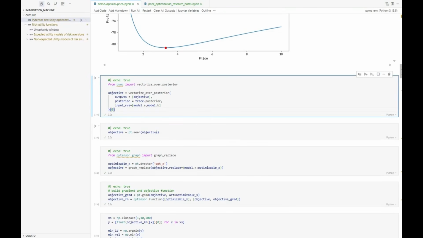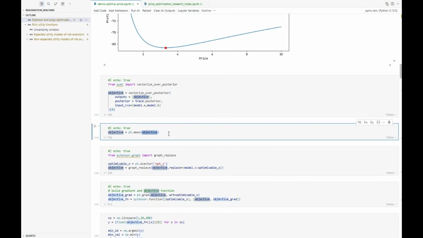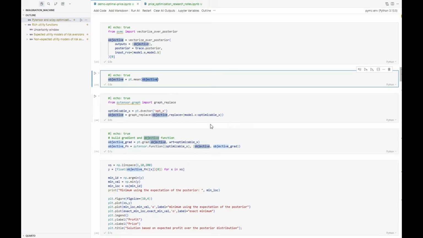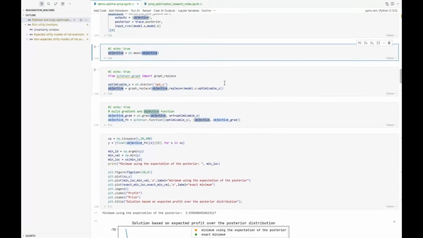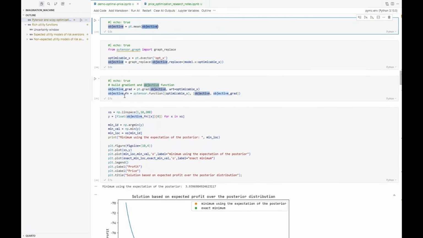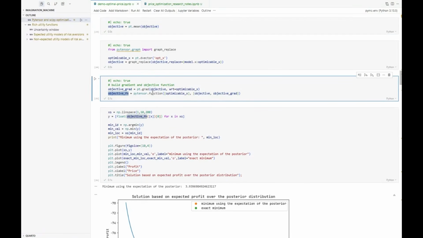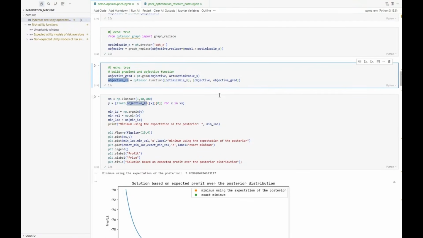And then if we have our 2,000 or 4,000 samples, whatever it is, we need a scalar goal. We need a single number that we're trying to maximize. So we can take the mean of these samples. And then there's a little bit of PyTensor magic here, which is not terribly great to explain, but the nice bit is that at the end, we can pull out a gradient function and an objective function. And these are things we can actually use to optimize with.